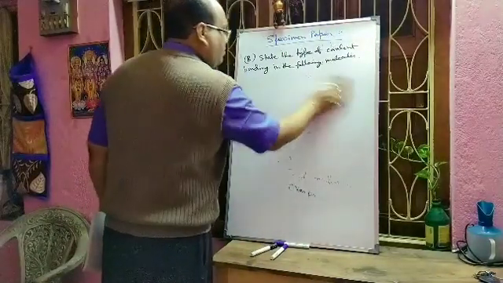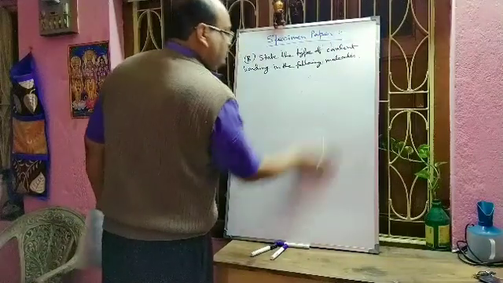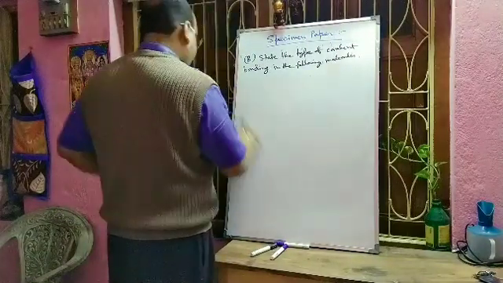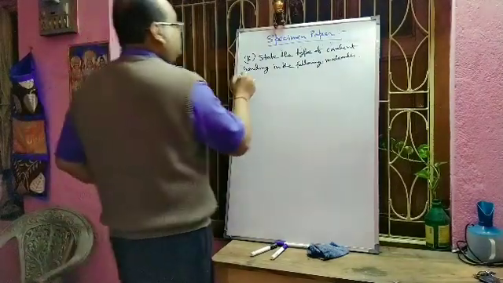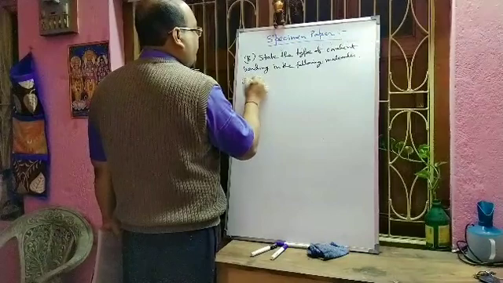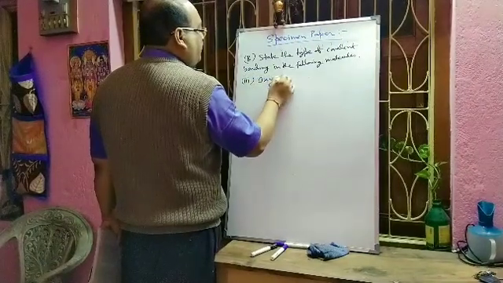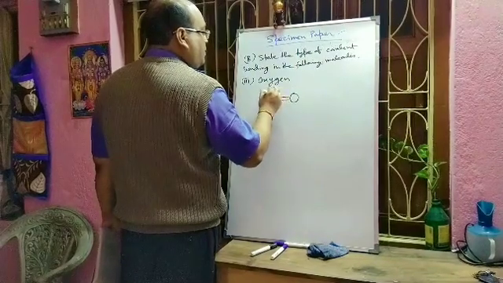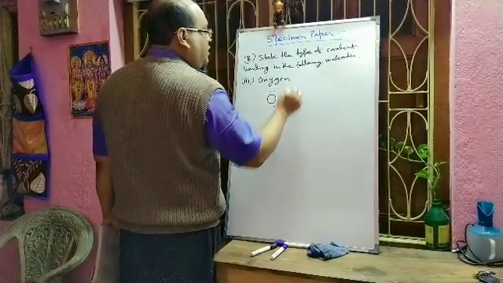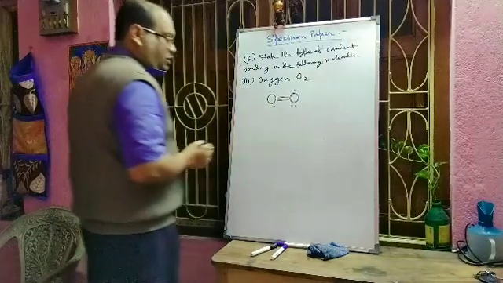Next, another molecule is given, that is the oxygen. Oxygen formula will be like this. This is also diatomic molecule. Okay.